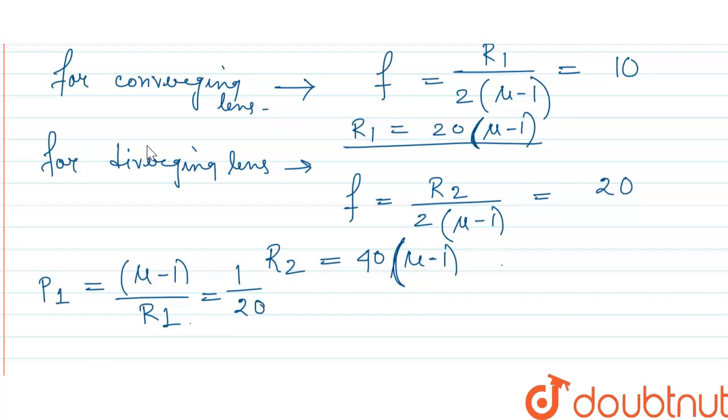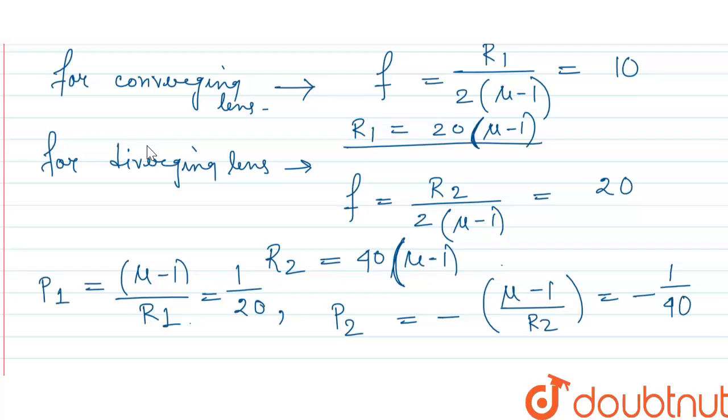Next, for P2, what is the equation of P2? P2 we got as (mu minus 1) by R2 with a negative sign. So (mu minus 1) by R2 will be 1 by 40, so it will be minus 1 by 40.